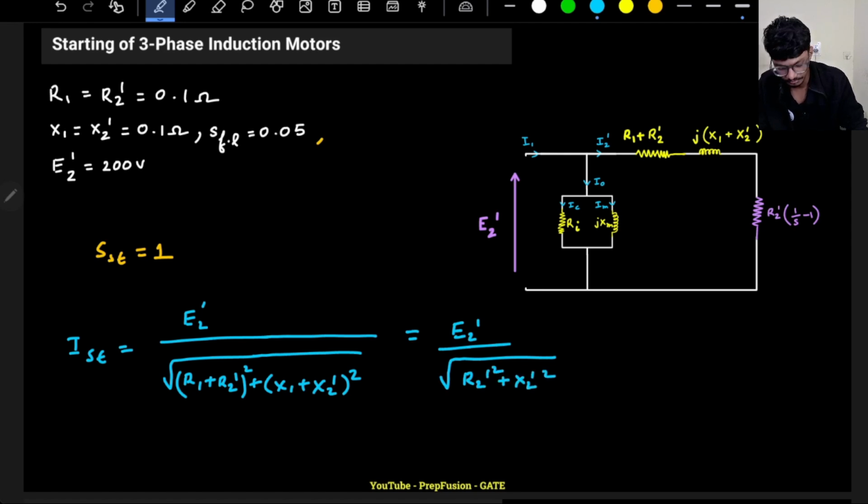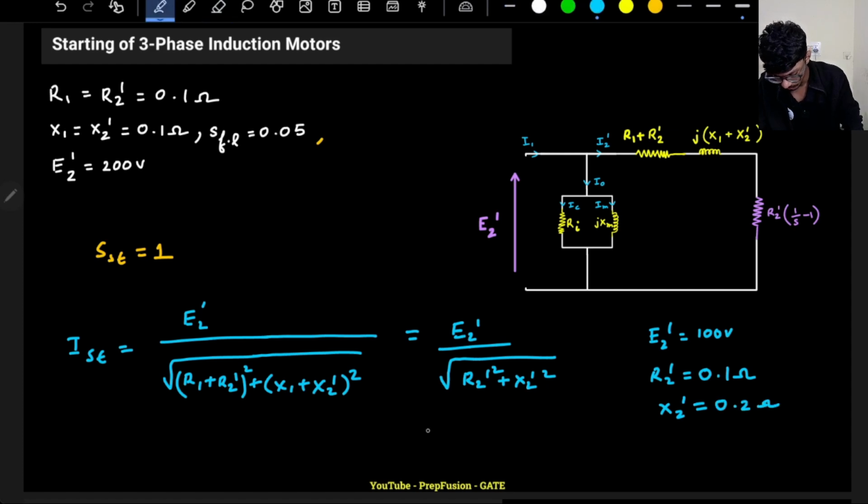Let me take a few numbers so that we can understand the thing. Let me assume E2 dash is equal to 100 volts. My R2 dash is equal to 0.1 ohms. My x2 dash is equal to 0.2 ohms.